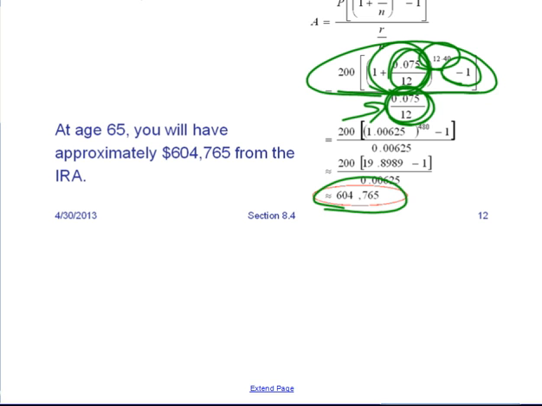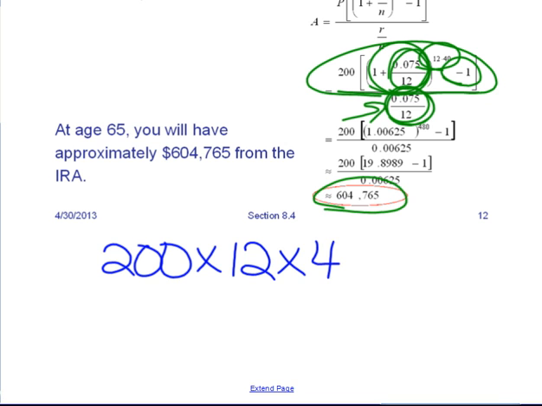But for some reason, when you deposit $200 a month, every month, every year for 40 years, somehow or another, when students calculate how much you yourself deposit, they either forget every month or they forget every year. And I'm not sure why.